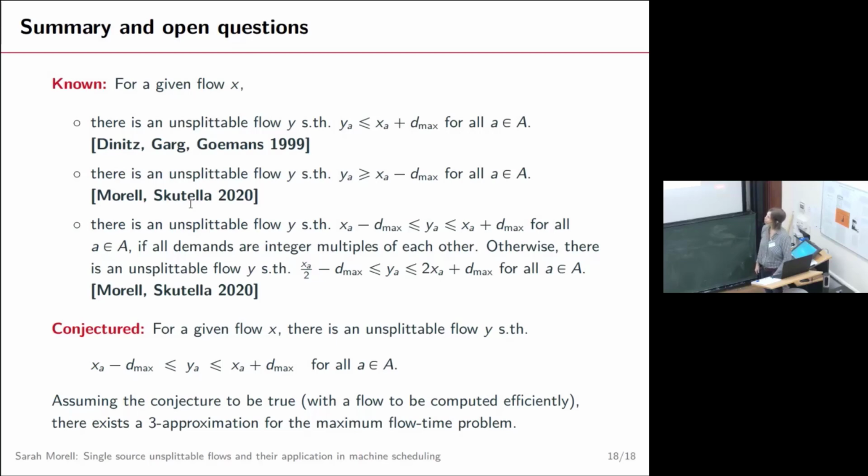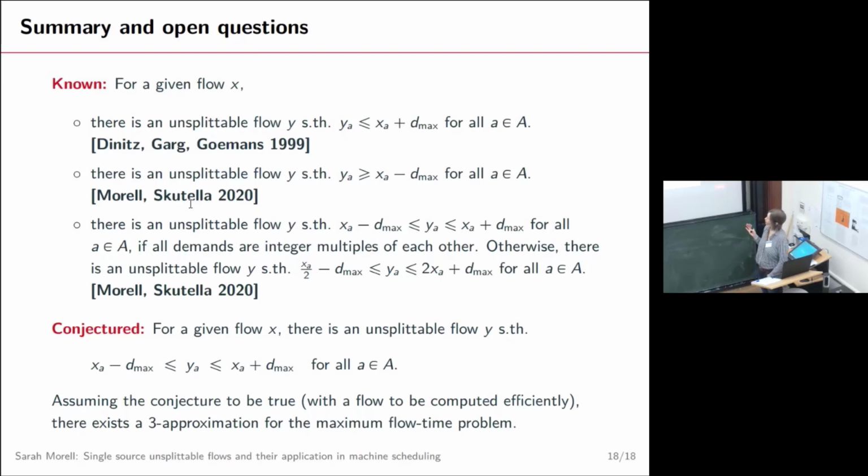We have a proof of existence for unsplittable flows that satisfy the lower bounds, the arcwise lower bounds. So there exists an unsplittable flow such that y is at least xa minus dmax, and the conjecture is true for demands that are integer multiples of each other. So in this case, this is also algorithmical.